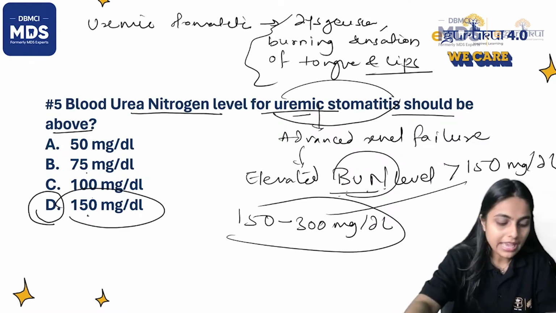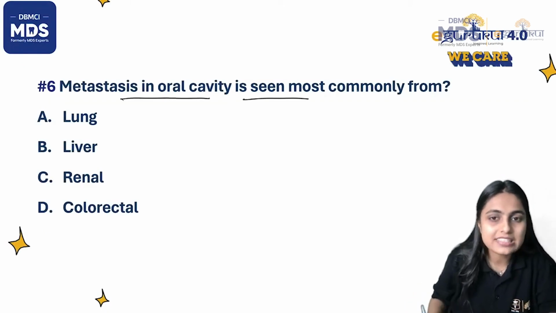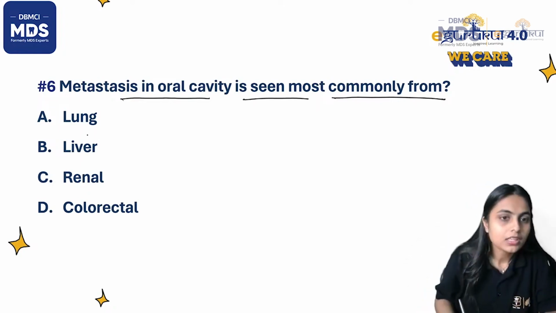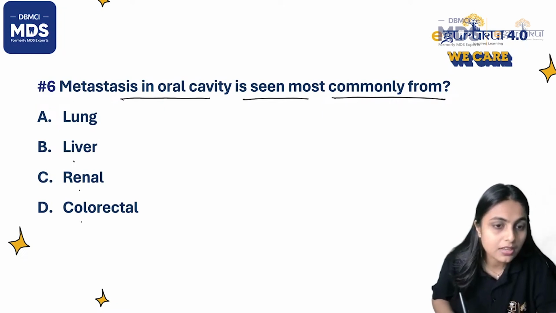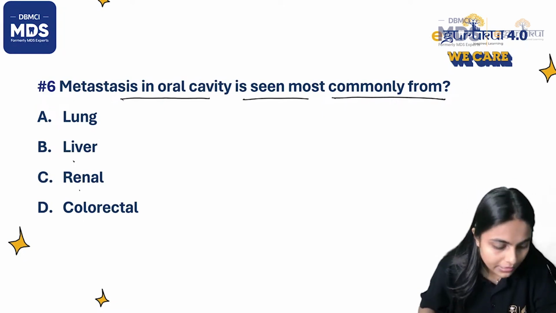Moving on further, we have question 6. The metastasis in oral cavity is seen most commonly from. Can anybody answer? Option A lung, option B liver, option C renal, option D colorectal. So metastasis in oral cavity is seen most commonly from.